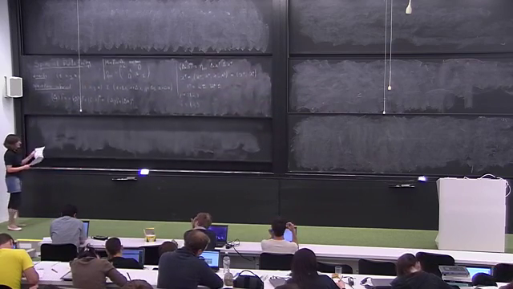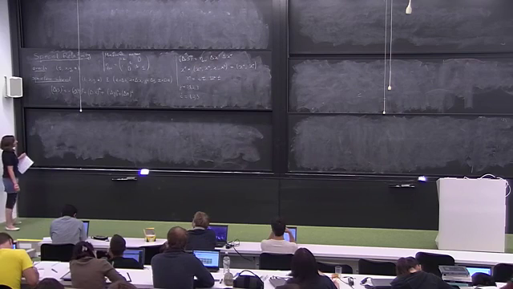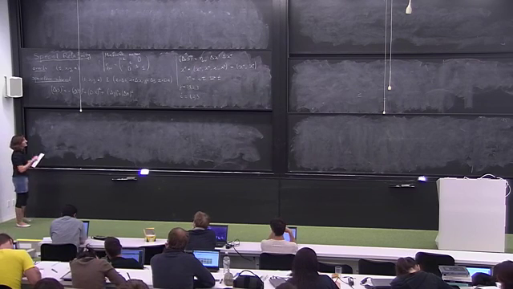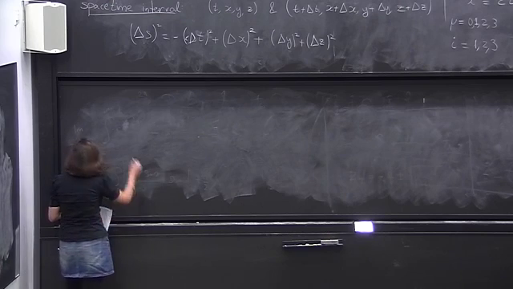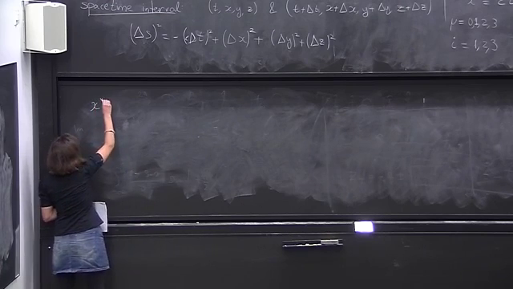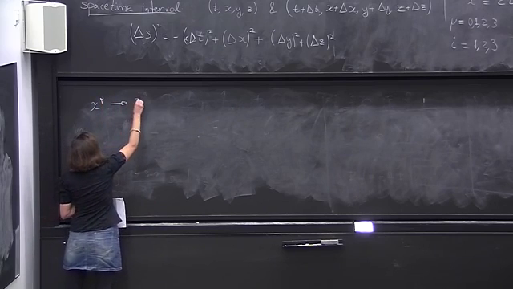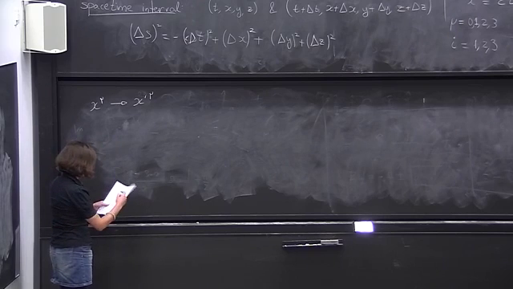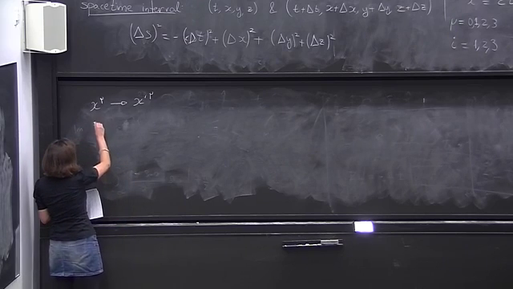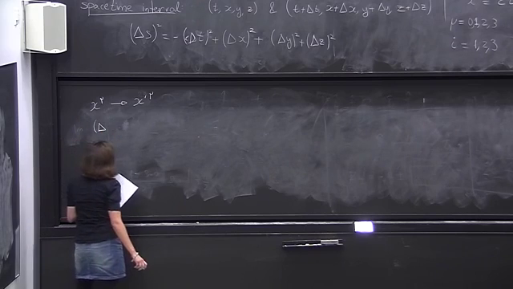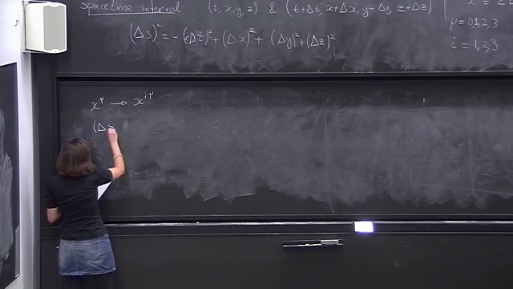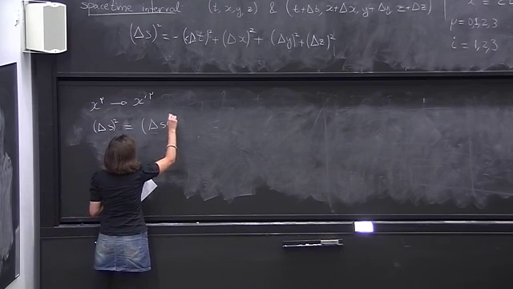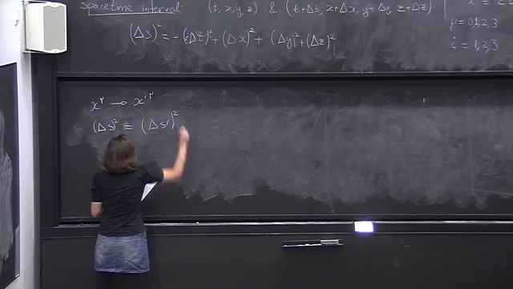OK, now the question is, what kind of transformations can we make that leave this space-time interval invariant? So if we change from x mu to x prime mu, what can we do so that delta s squared is equal to delta s prime squared?